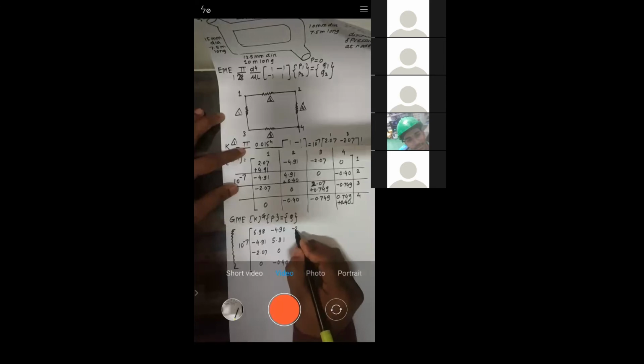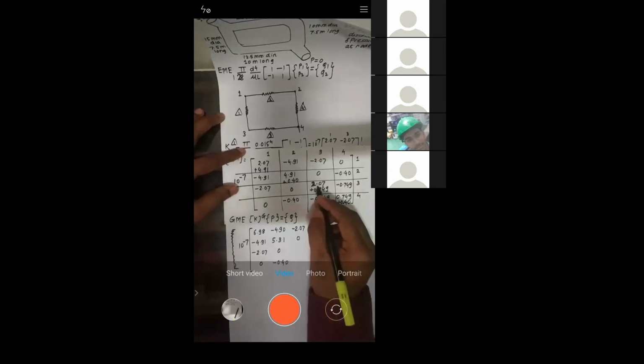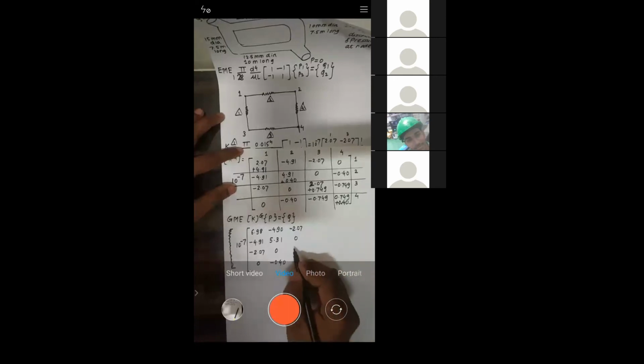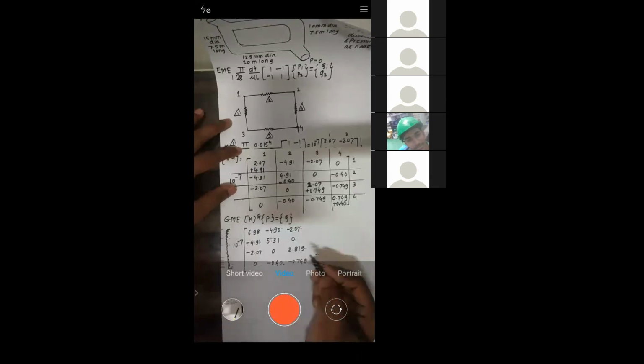Next, minus 2.07, 0. Next, this one, 2.07 plus 0.749, 2.819. Next, this is 0, minus 0.40, minus 0.749.